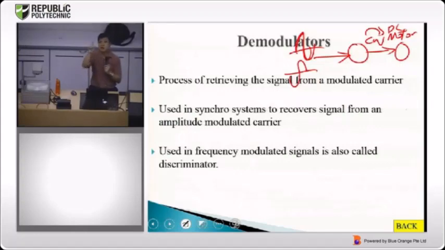Meaning in phase it gives me a positive value, out of phase it gives me a negative value. Because my motor is DC, it only recognizes DC. If you don't have polarity, I don't know which direction to turn. So the modulator helps us convert this into a positive or negative signal.